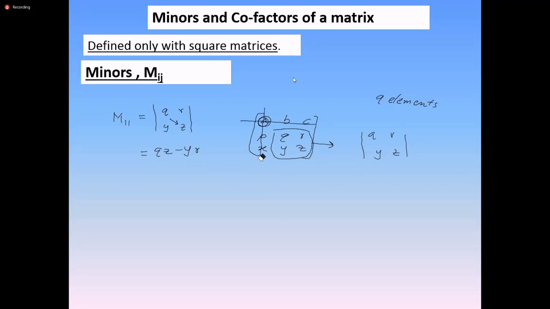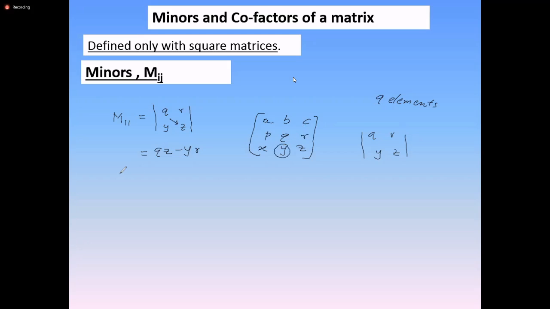Let's take another element here. I will select any of these elements. Let's say I select the Y element.